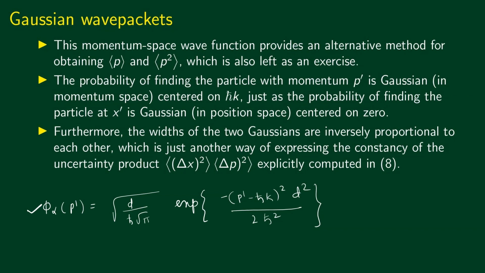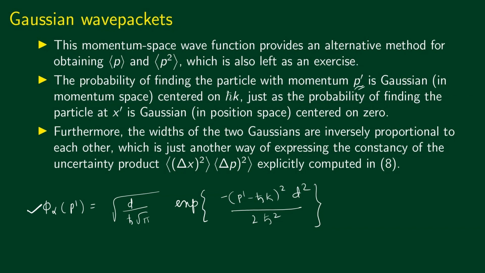Now the probability of finding the particle with momentum p prime. If you look at this wave function, we see that it's a Gaussian. If I take the modulus square of this, it's a Gaussian that is centered at h bar k. In the case of the position space wave function, the Gaussian was centered at x equal to 0.